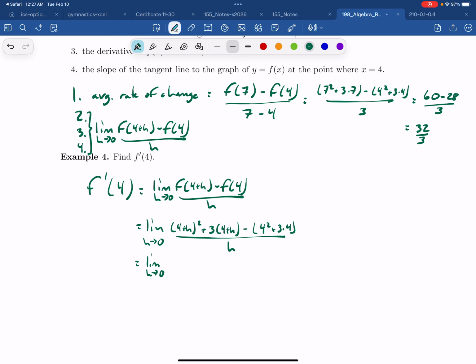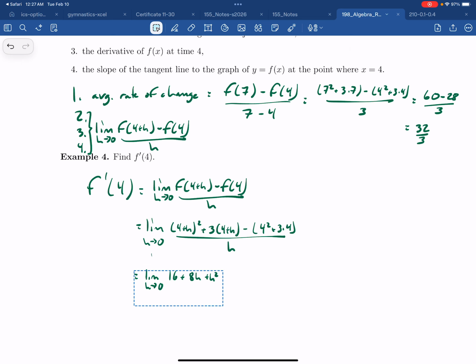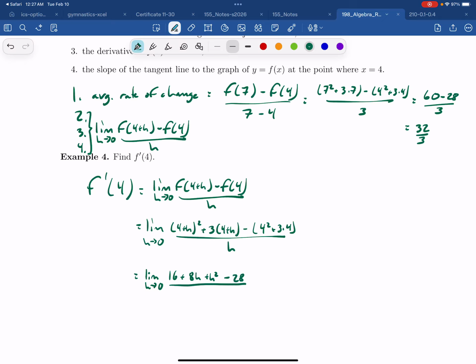At this point, we just simplify a bunch. We're going to get 16 plus 8h plus h squared, and then minus, we said that was 28. Oh, wait, hold on a sec.